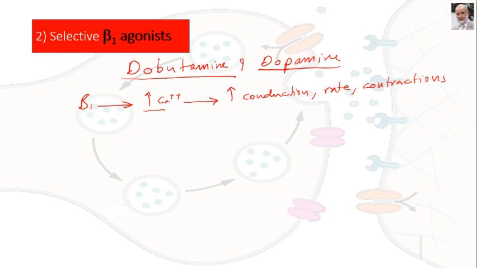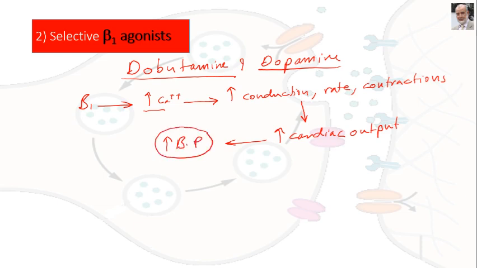This increase in conduction rate and contraction at a specific dose will result in an increase in cardiac output. Cardiac output will be increased, and we expect therefore that by increasing the cardiac output, this will increase blood pressure. Okay?